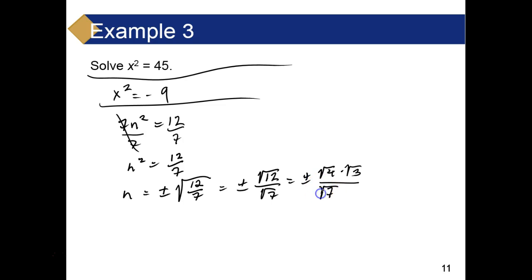How do you undo a square root? Square it. And what does squaring mean? Multiply it by itself.